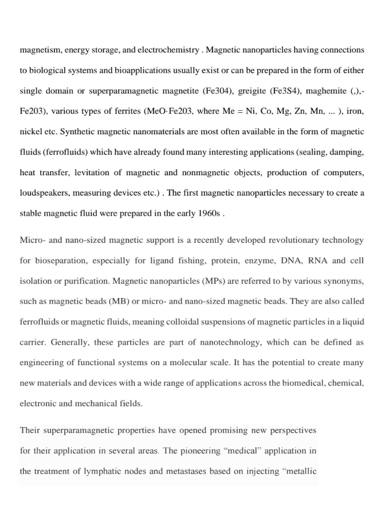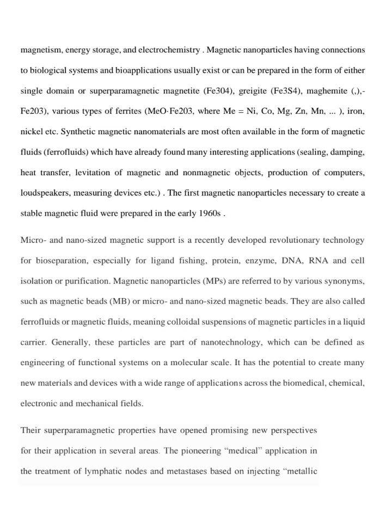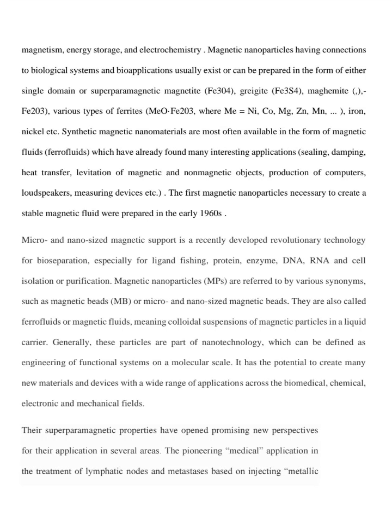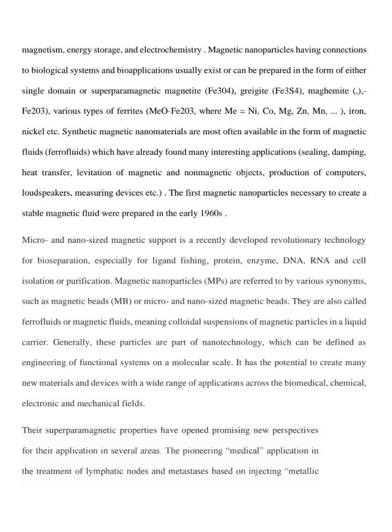The first magnetic nanoparticles necessary to create a stable magnetic fluid were prepared in the early 1960s. Micro and nano-sized magnetic support is a recently developed revolutionary technology for bioseparation, especially for ligand fishing, and protein, enzyme, DNA, RNA, and cell isolation or purification.